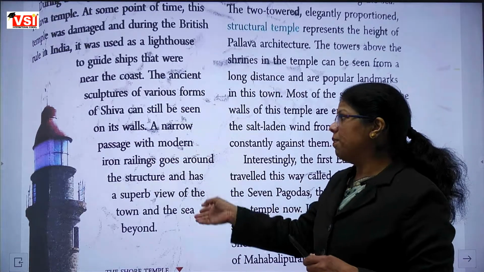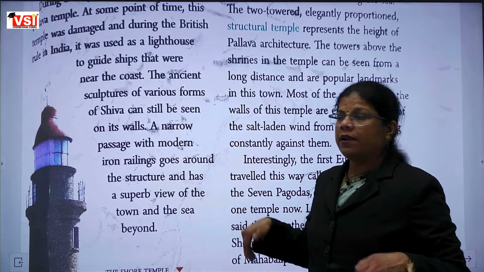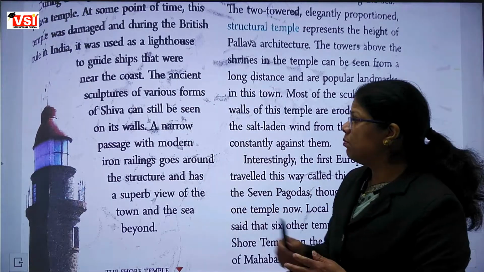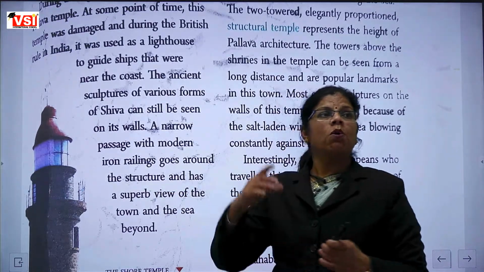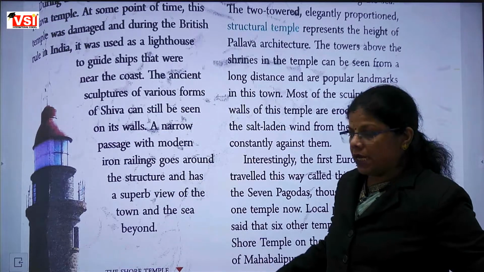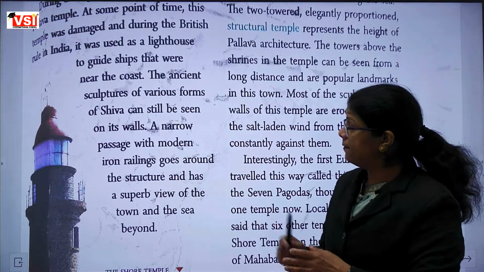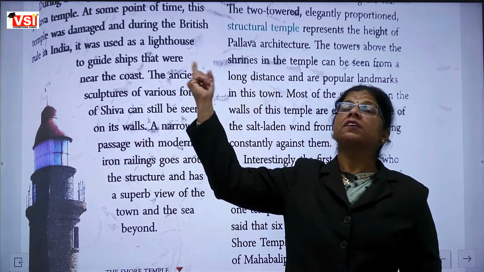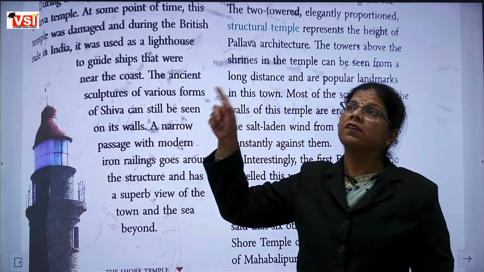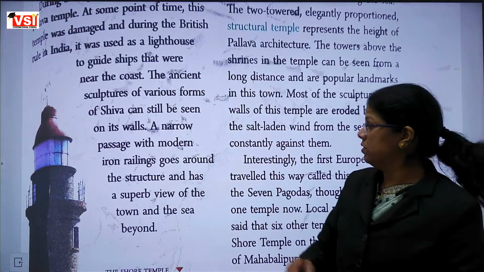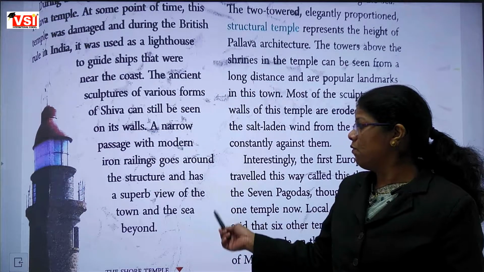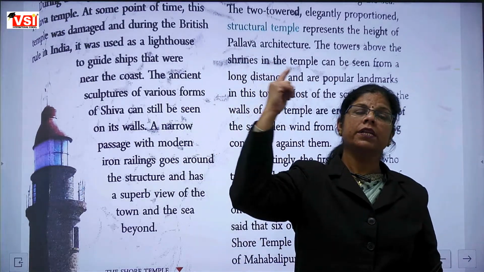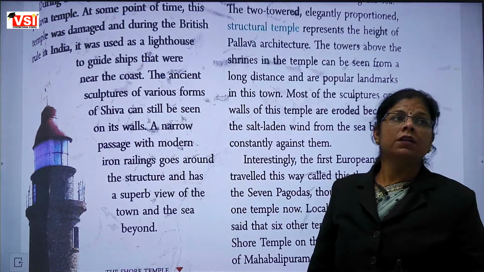And a narrow passage, later on, मतलब एक बहुत ही पतला सा रास्ता बना दिया गया with modern iron railing. मीन्स मॉडर्न टाइम में आयरन की रेलिंग से ऊपर चढ़ने के लिए एक रास्ता बना दिया गया, goes around the structure that takes us on the height of that lighthouse and has a superb view of town. When we go upside, of that lighthouse के चारों तरफ एक आयरन की रेलिंग बना दी गई है जिससे हम ऊपर जाकर देख सकते हैं.